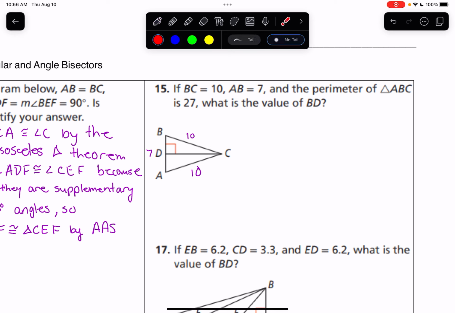And that means that we have an isosceles triangle with a perpendicular drawn to the bottom. Any time we have an isosceles triangle with a perpendicular drawn to the bottom, we've drawn a perpendicular bisector. So BD and AD are the same length, which means each of them is half of 7, which means they are 3.5 apiece.